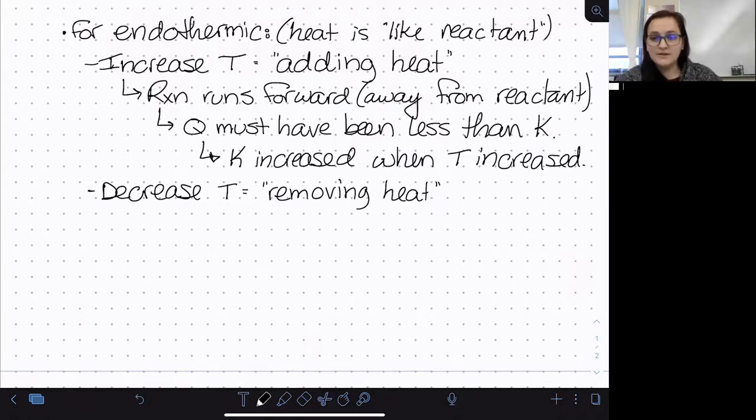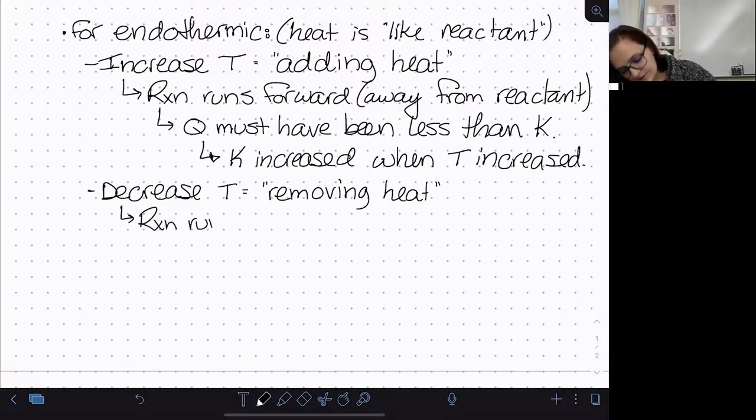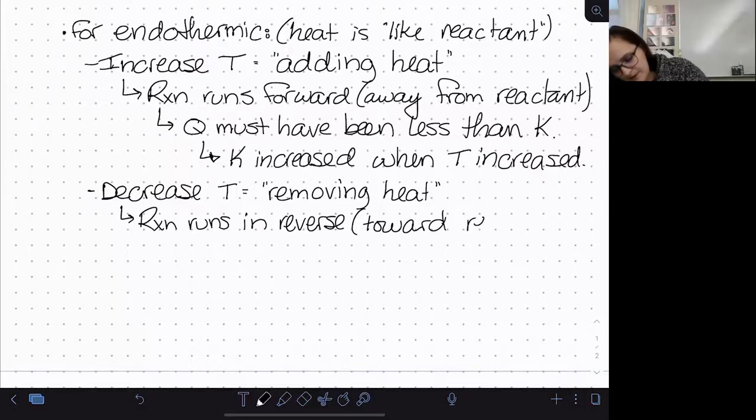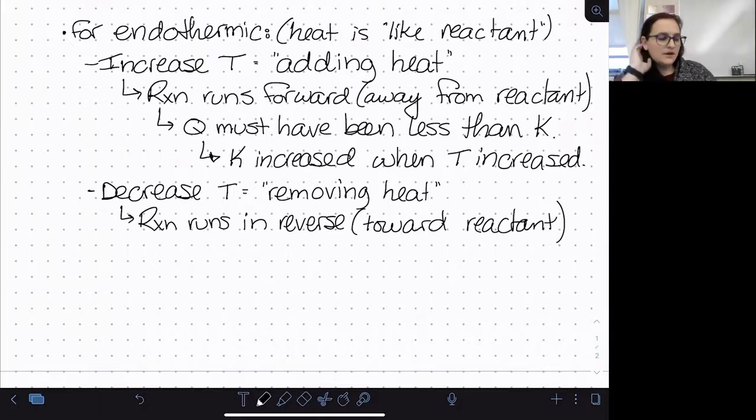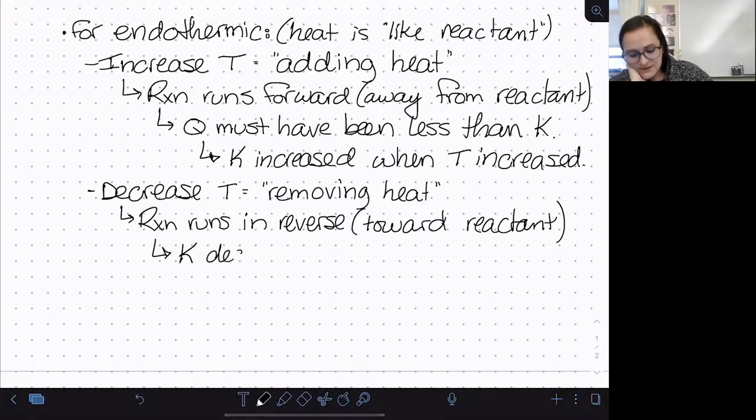If we're taking away something on the reactant side, the system wants to put it back, which means that it's going to consume products to produce reactants, which is running in reverse, to replace that heat that we took out of the system by decreasing the temperature. So this means that K must have decreased when the temperature decreased.